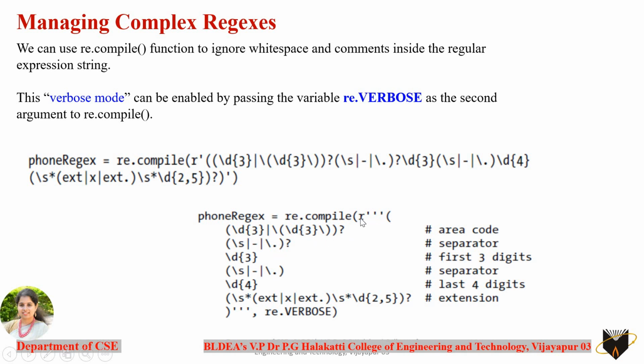You write whatever pattern you want for the first part, and write a comment line for that to tell for what reason you have taken this part of the pattern. Similarly, take a new line, write the next part of the pattern, and in front of it leave multiple spaces and include a comment line with the hash symbol to tell for what reason you have taken this pattern.